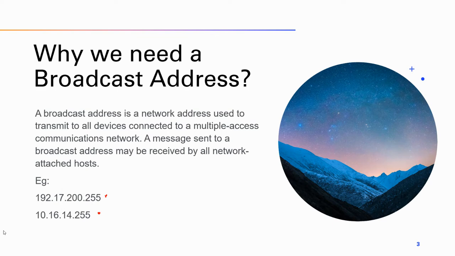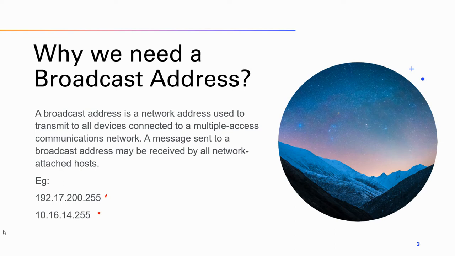From a source that I took off of Wikipedia, the definition of a broadcast address is a network address used to transmit to all devices connected to the multi-access communication network. A message sent to a broadcast address may be received by all network attached hosts.